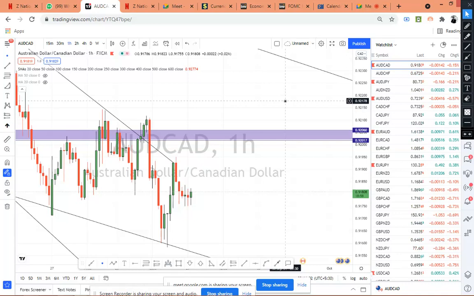Know how to analyze candlestick and know how to identify zone. Once you know these two methods, candlestick psychology will be easier for you, no matter what.